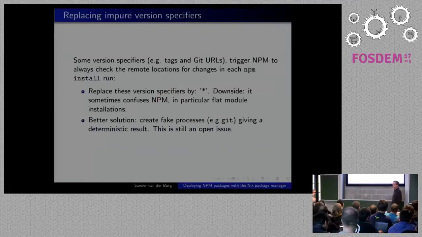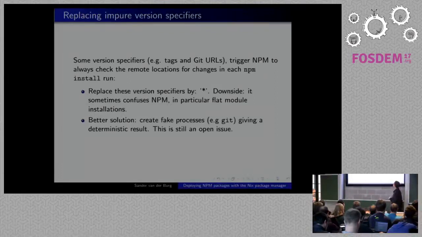And then something else. So in my presentation, I had this theory that if I would provide the dependencies of npm myself and I run npm install, then I don't have to download anything anymore. But it is also not entirely true. If you use, for example, Git URLs in your package.json, then for each npm install run, npm will always try to remotely connect to the repository to see to what version it resolves.